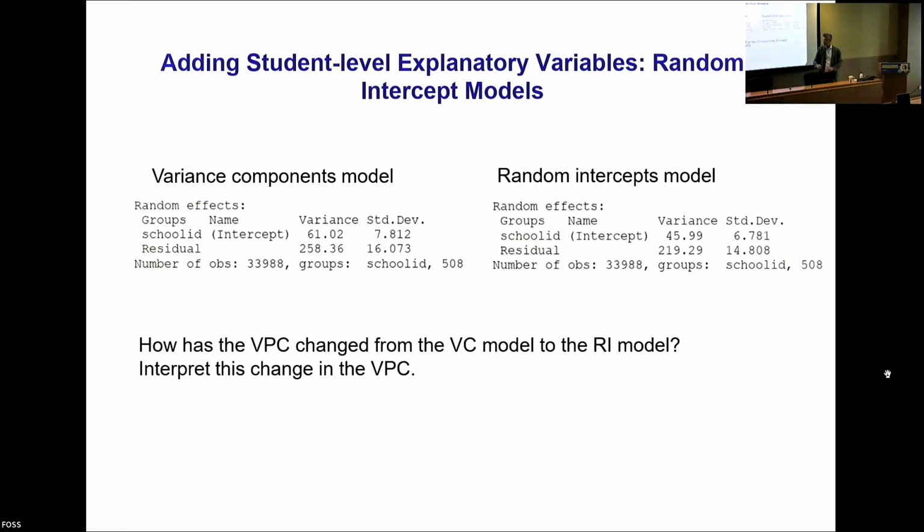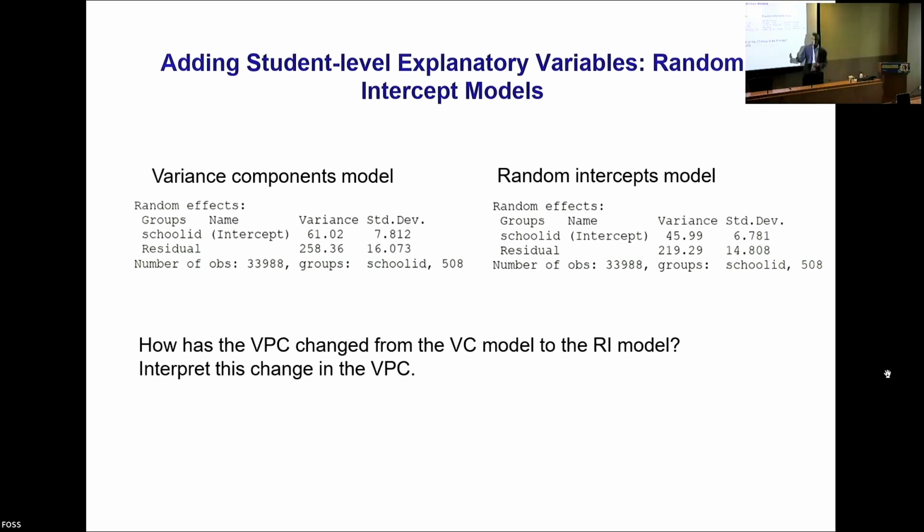But there's no particular rule about what will happen to the VPC when we add level 1 explanatory terms to the model. But when we add level 2 explanatory terms to the model, that's contextual variables, say we had added in school type as an explanatory variable, that will always decrease the VPC.